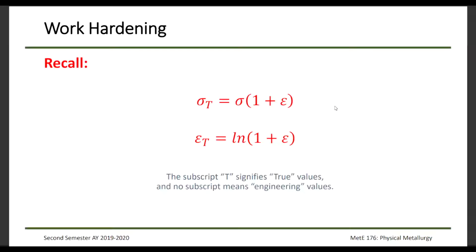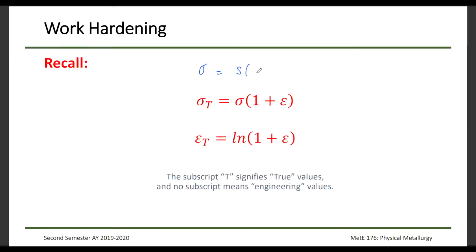Sometimes the notation used differs. In some textbooks, when you use the Greek letters, we usually mean true stress, and when we use the regular alphabet, we mean the engineering stress.